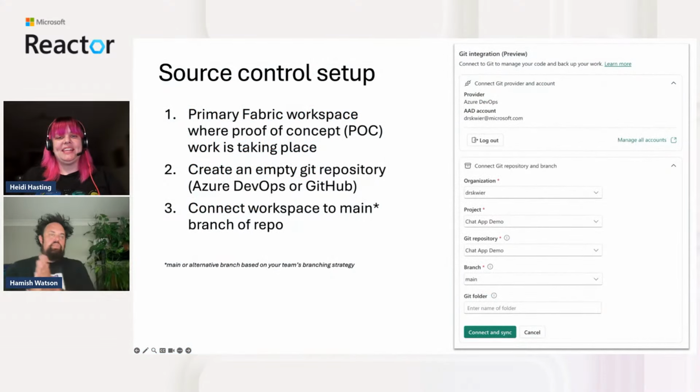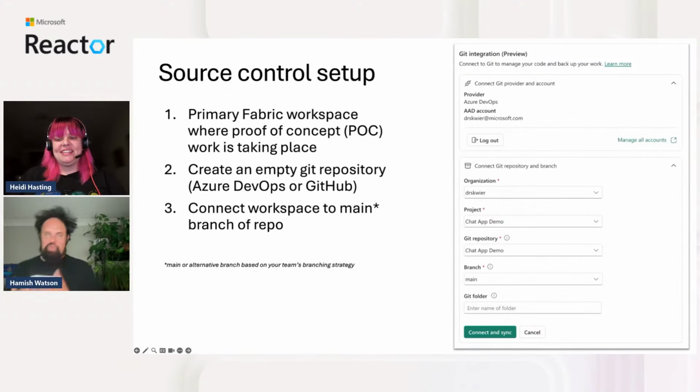So for source control setup, we're going to take our primary Fabric workspace, where we have a proof of concept project that we're going to use. We're going to create an empty Git repository. And again, that can be in Azure DevOps or GitHub. And of course, we're going to connect our workspace to the main branch of the repo.